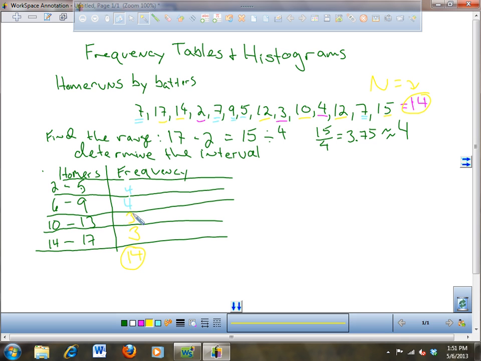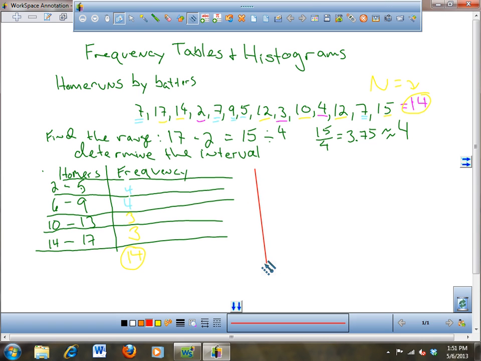Okay. So now we're going to make a histogram out of this. The way you make a histogram is by drawing some bars. We're going to divide up the intervals just like over here. So we're going to put one bar here from 2 to 5.